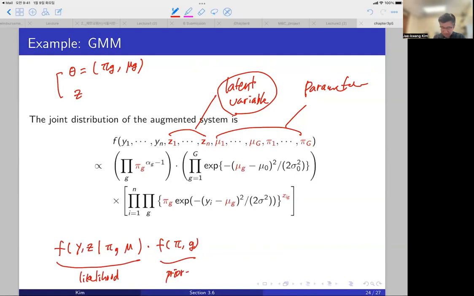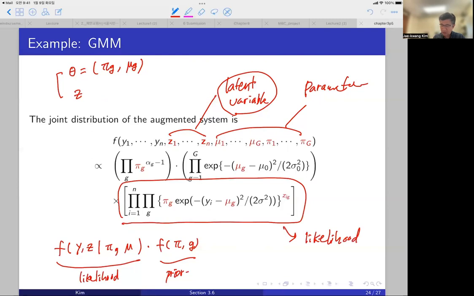The joint likelihood is derived from the joint density of the z i and y i.